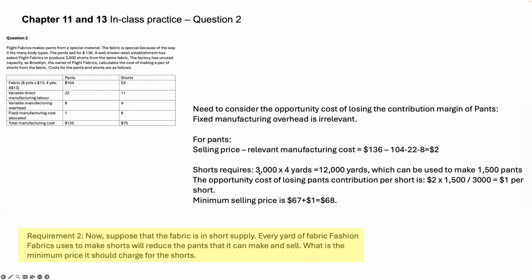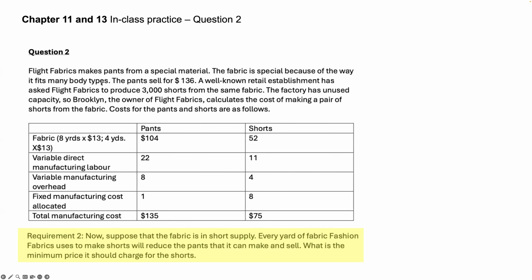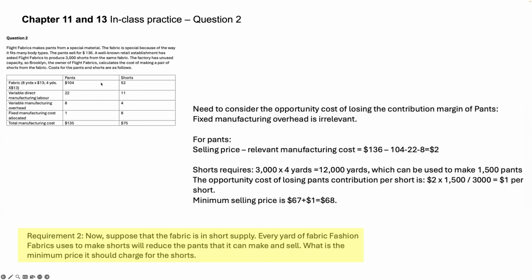So I'm making 3,000 shorts times 4 yards each short. I'm going to need 12,000 yards. So in order to have these 12,000 yards available for the shorts, you have to cut down the production of the pants, because you don't have that additional fabric.